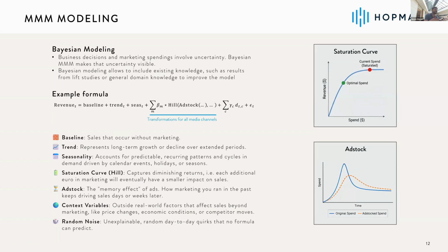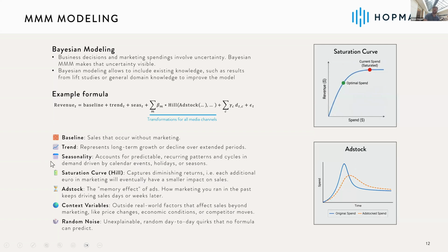So if you would cut all your marketing spendings, you would still get this amount of sales. Then the model also tries to pick up some more long-term growth or decline in a general trend, which might be like if the economy is doing worse or better. This could be some kind of general trend that people are buying more or buying less.